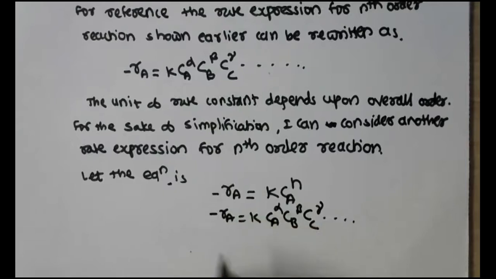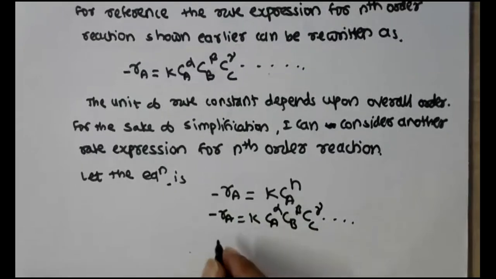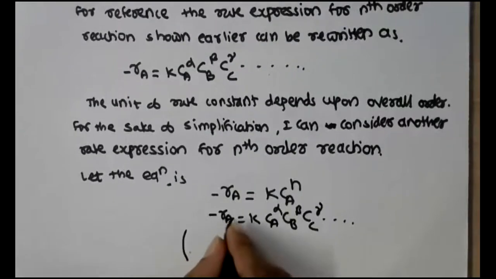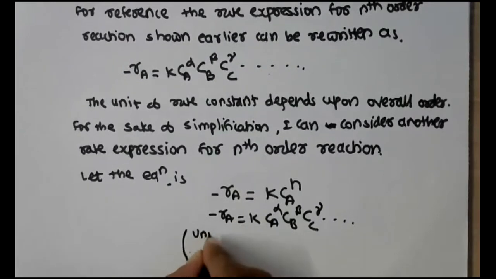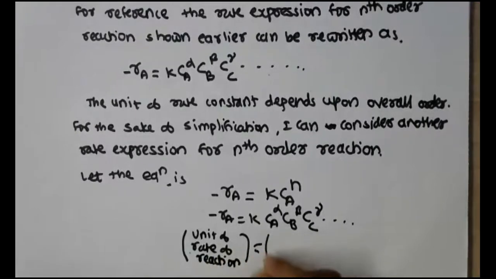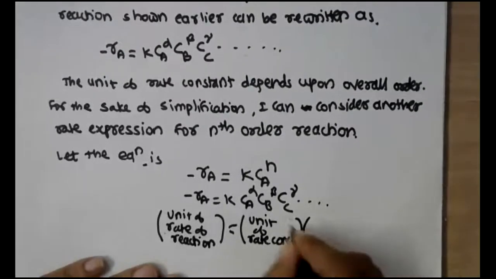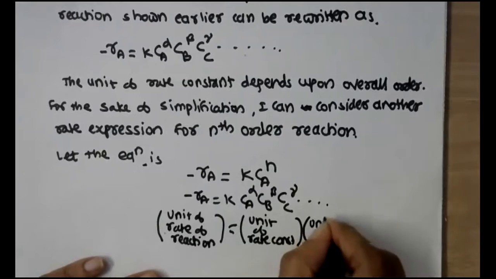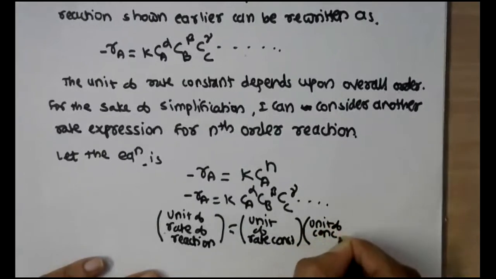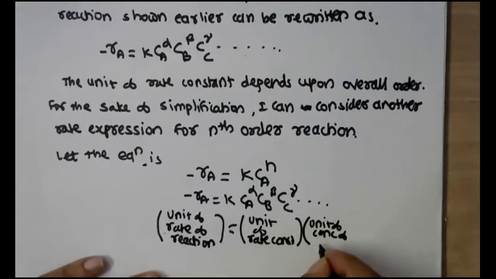So I will write it like this. Just try to understand. In place of minus RA, I can write unit of rate of reaction is equal to unit of rate constant multiplied by unit of concentration of reactant.